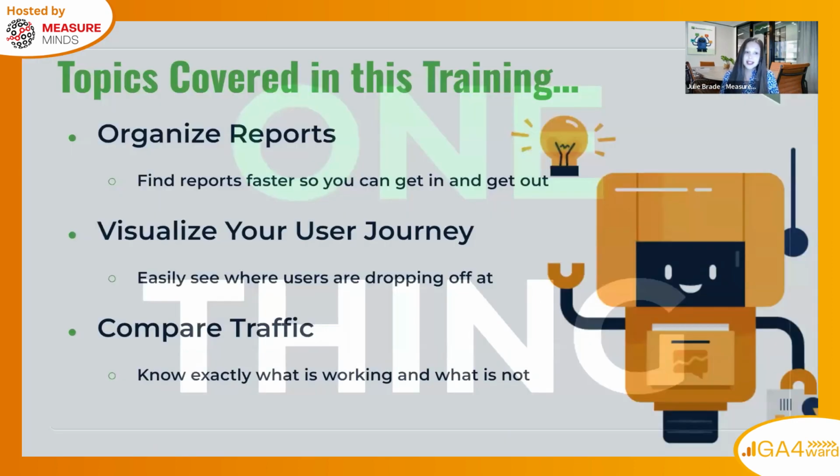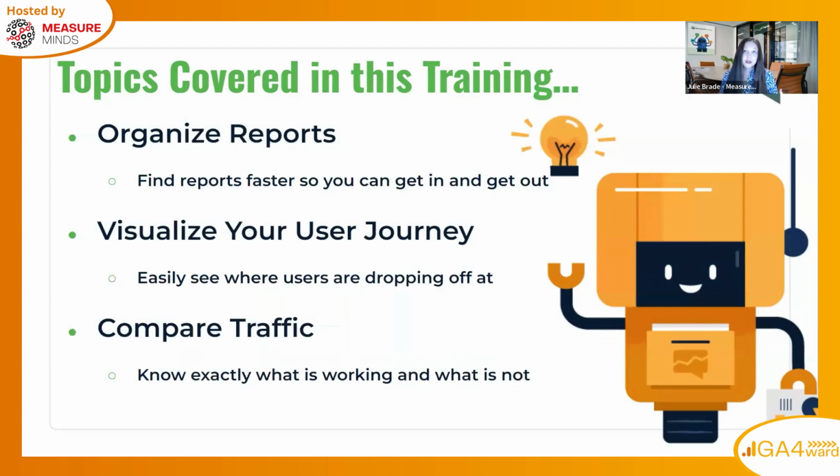What we're going to go through in this training is how to organize your reports so you can get in and get out and not have to spend a bunch of time digging around to find the things you need. Then visualizing your user journey so you can see where your users may be dropping off, maybe what's not working the way it's supposed to.